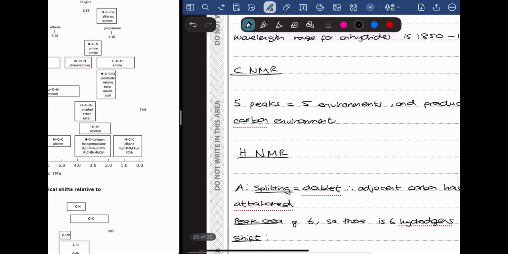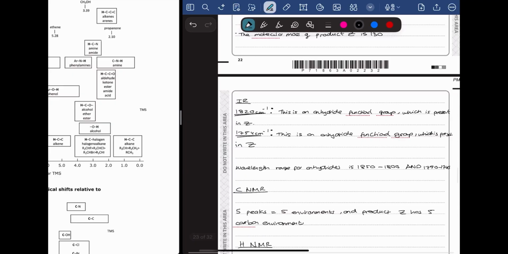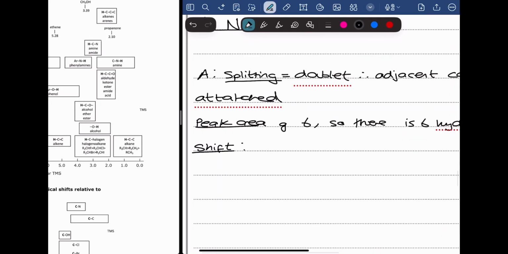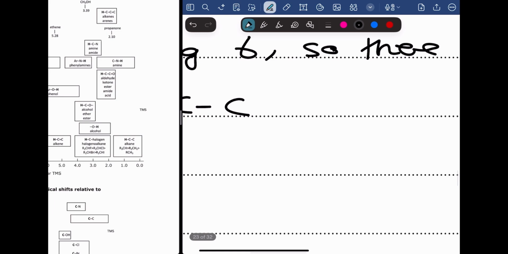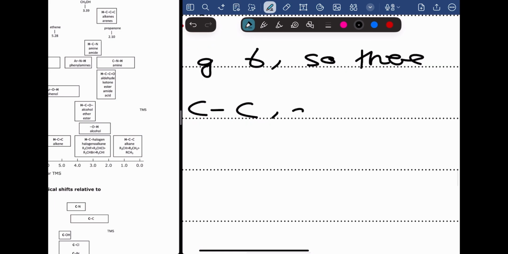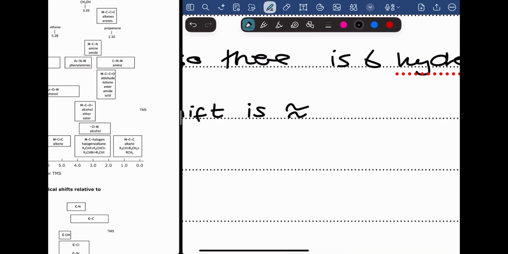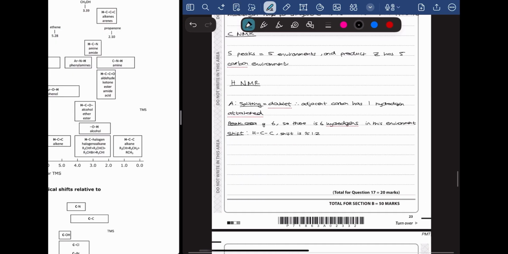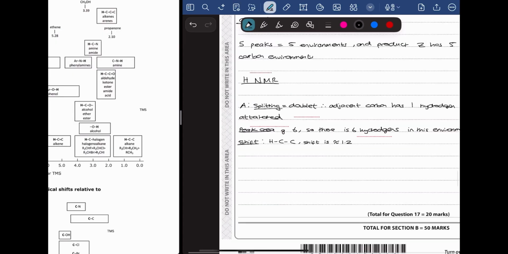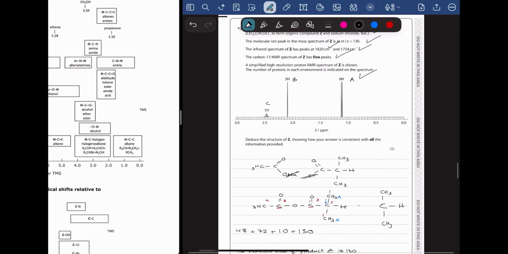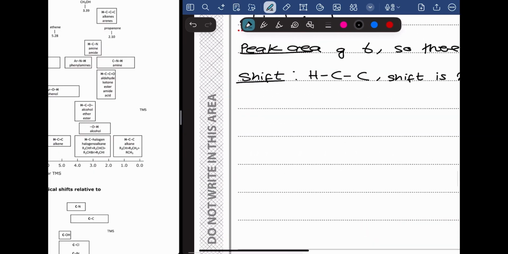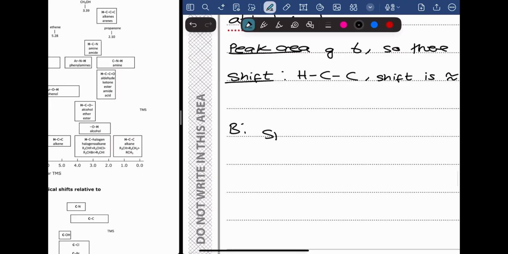So we can say that the group is the HCC. So write the group directly from the data book. And the shift is approximately 1.2. You can just say that. And then that's it. That's all you need to write. So that's peak A done. So we can take peak A off. So now we just do the same thing with peak B. So B splitting.